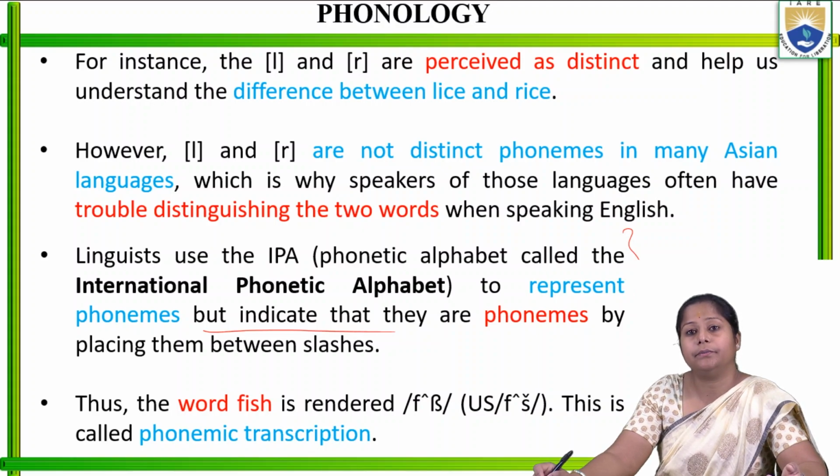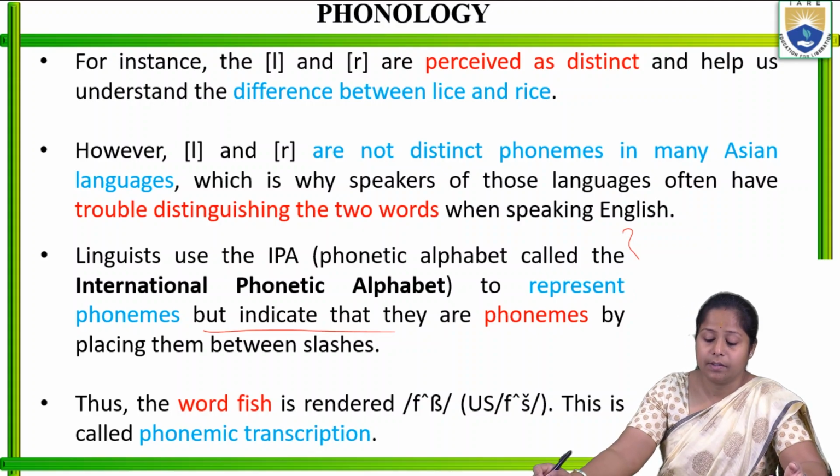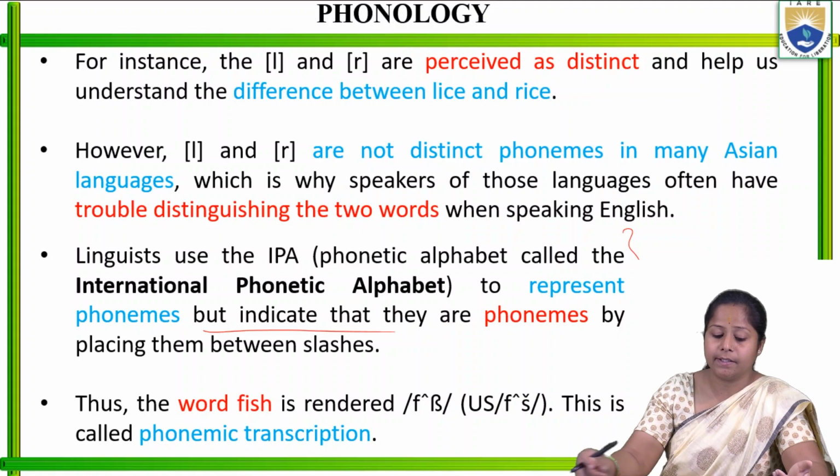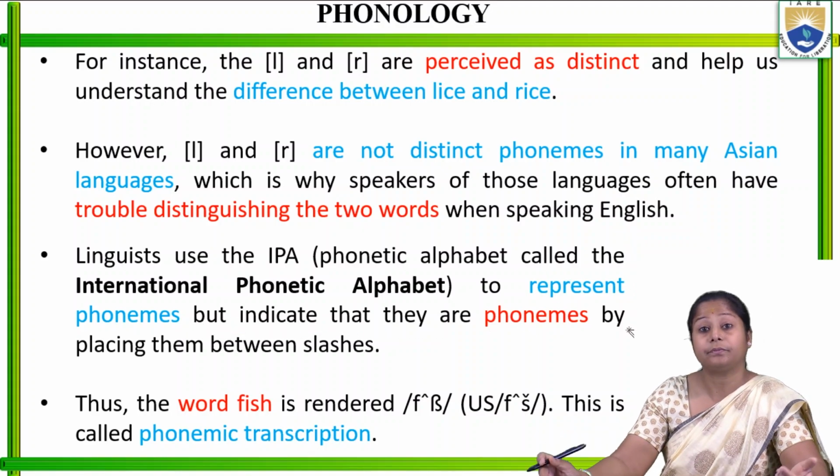So whenever we need to write them in the form of text, we use the phonemes with slashes before and after, right? This is the way linguistics is written in the form of text. That is the international standard, IPA, the International Phonetic Alphabet.